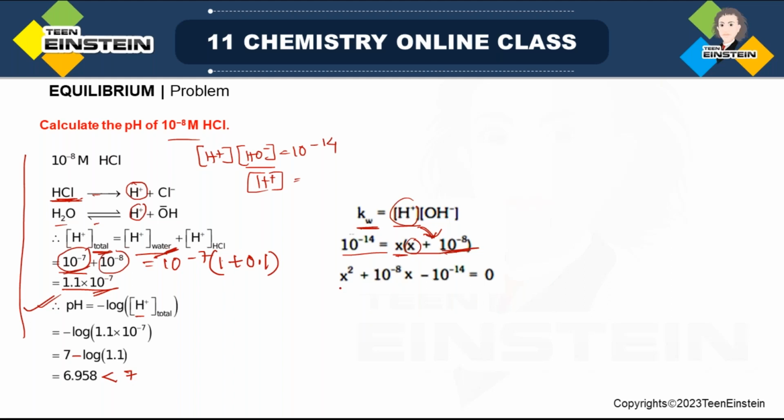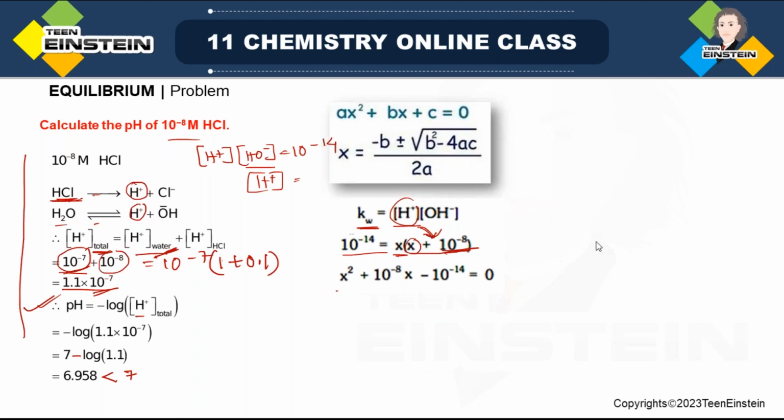So in this way we get this type of equation: X square plus 10 to the power minus 8 X minus 10 to the power minus 14 equals 0. Now this type of equation, in general, is AX square plus BX plus C equals 0. Here A value is 1, B value is 10 to the power minus 8, and C in our case is 10 to the power minus 14.